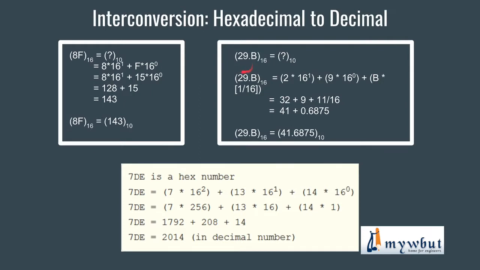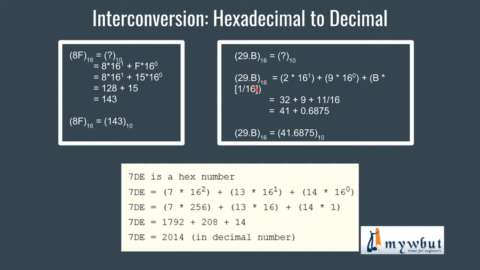Now, we take a look at this one, 29.B, that we just did in the previous conversion. The positional weight of 9 is 0, the positional weight of 2 is 1, and we have this B after the decimal point, so its positional weight is -1. So we write 29.B base 16 is equal to 2 into 16 to the power 1 plus 9 into 16 to the power 0 plus B into 1 by 16.